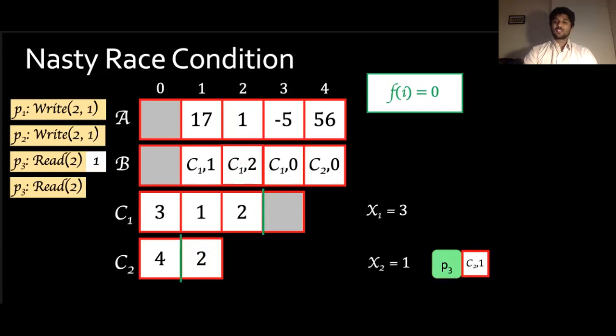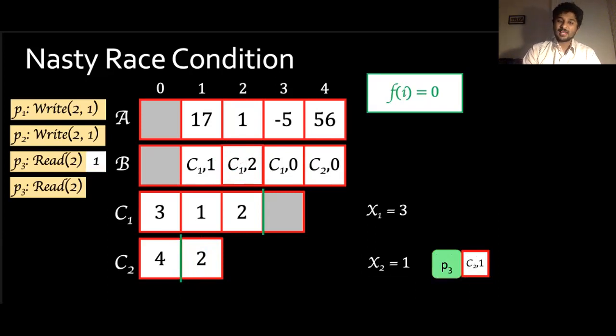Now, when P3 checks the validity of the certificate pointer (C2, 1), it reads X2, and because of the walkback, the previously valid certificate is no longer valid.